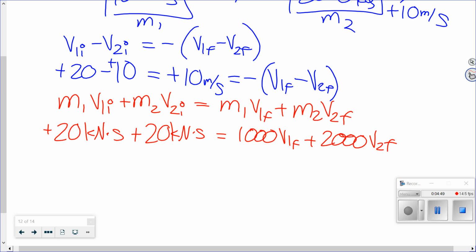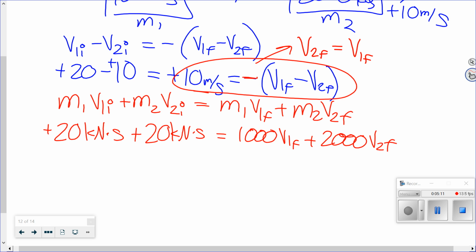I could simplify that equation if I feel like it. If I distribute that negative 1 here, this equation could really say V2 final equals V1 final plus 10. So it's just begging me to substitute V1 plus 10 wherever I have V2.